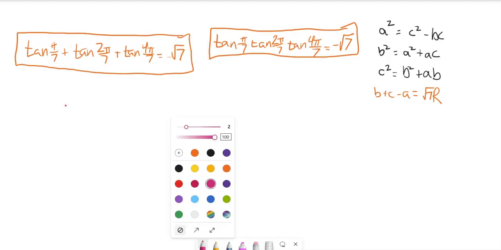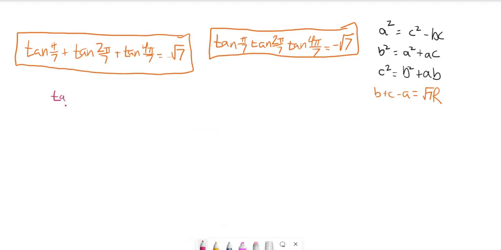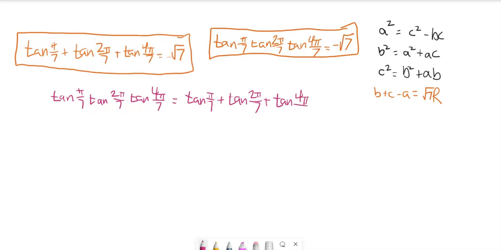So what that means is that the product of the three tangents and the sum of the three tangents are equivalent to one another.